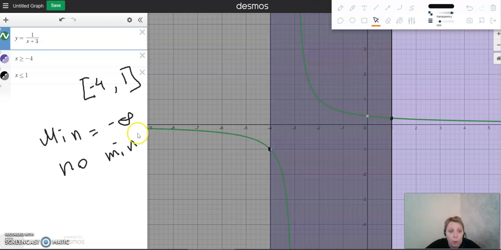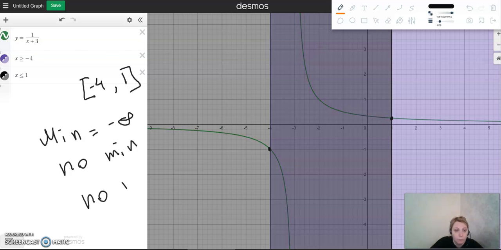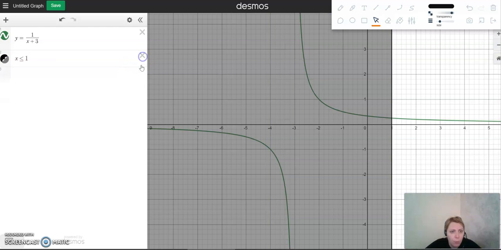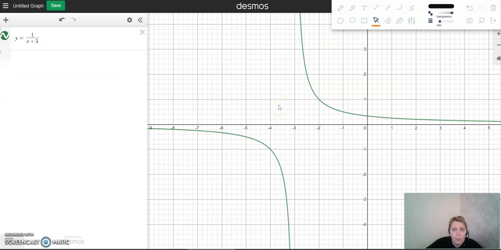So it turns out I have no max either. That happens. So is there an interval where over here I would have a min or a max? Sure, of course there is, but it's not the one that we tried. So how about this one?